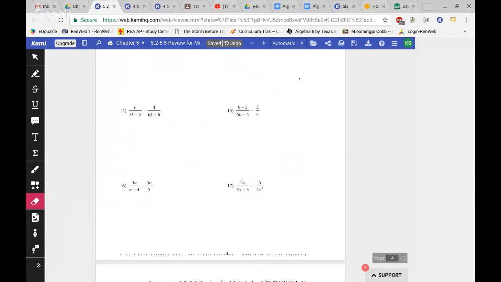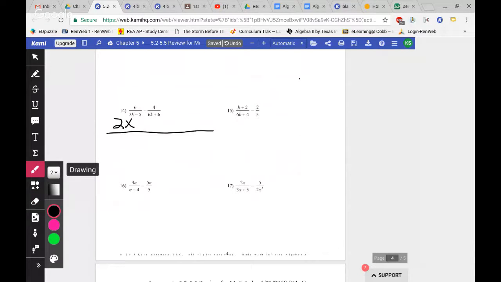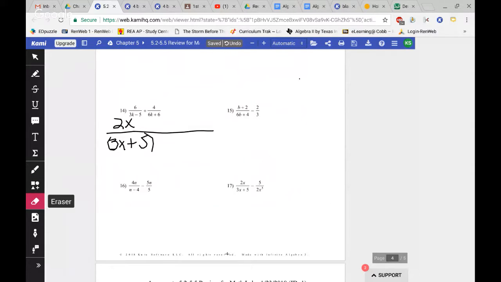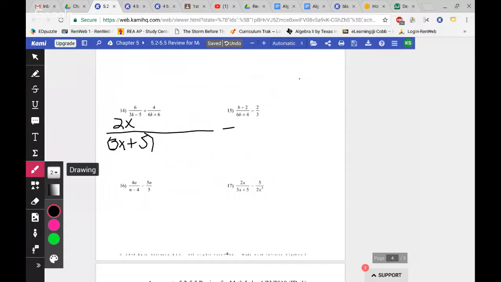All right, the last one. So once again, take that first term, 2x, and then I've got 3x plus 5. Oh, this is a minus. Sorry about that. And then the second one is 5 over 2x cubed. So we don't really have any matching factors.